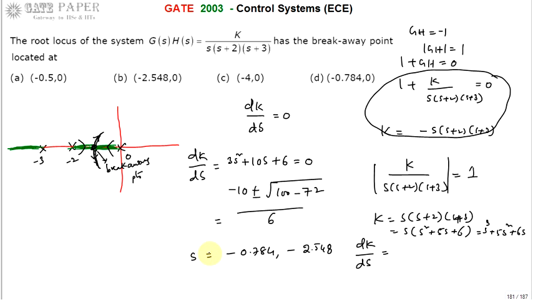These are the s values, so these are the candidate breakaway points.